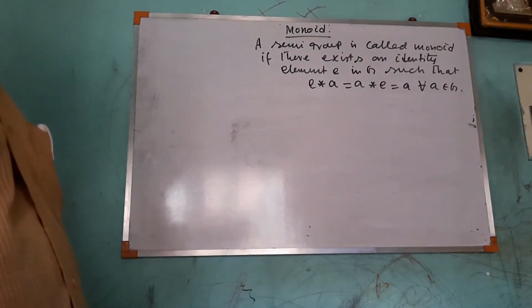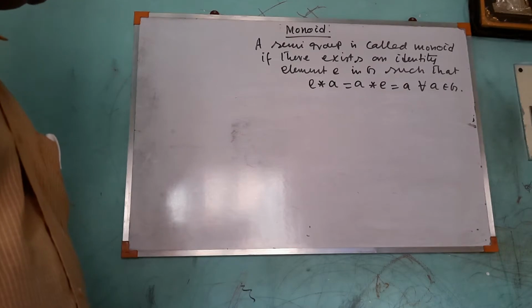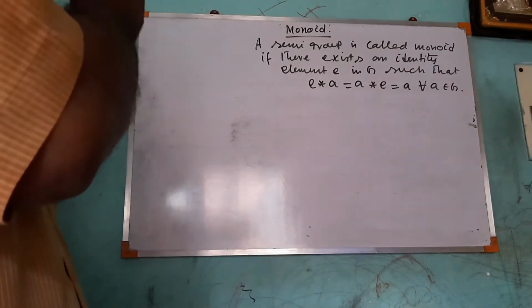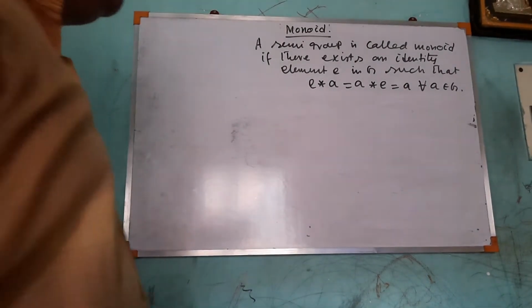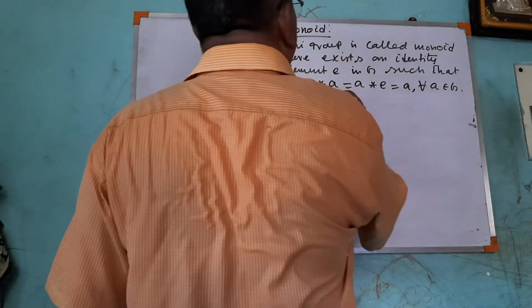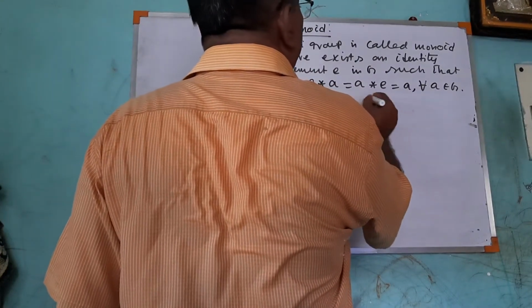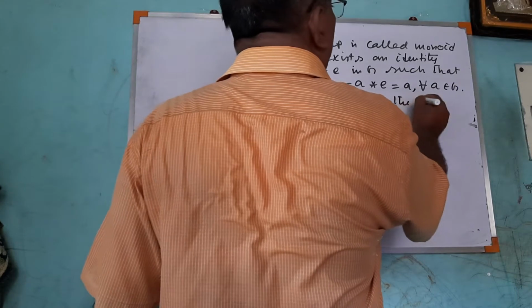A semi-group is called monoid if there exists an identity element E in G such that E composition A equal to A composition E equal to A for all A belongs to G. Here E is the identity element.